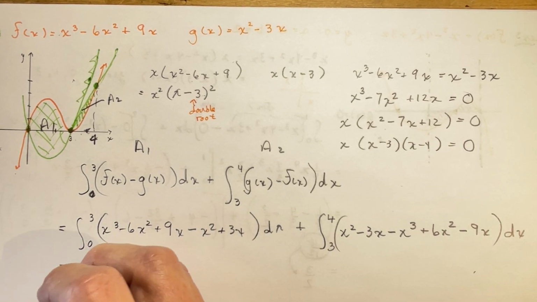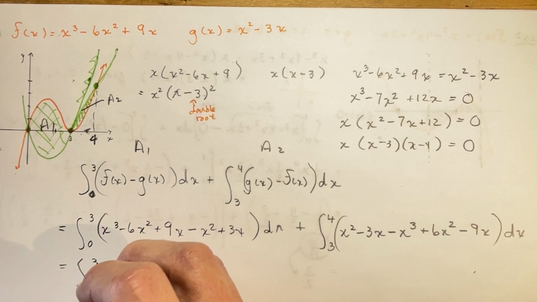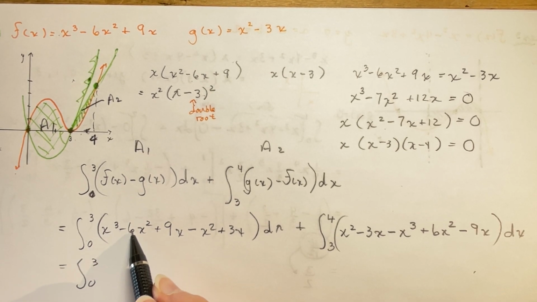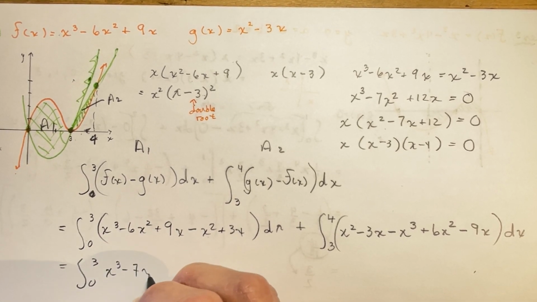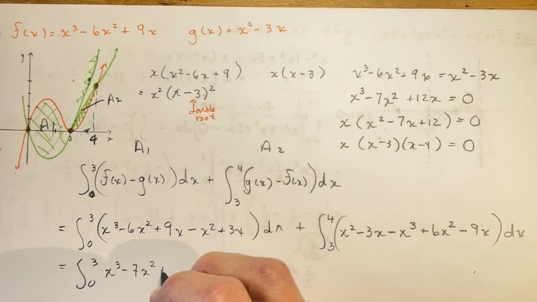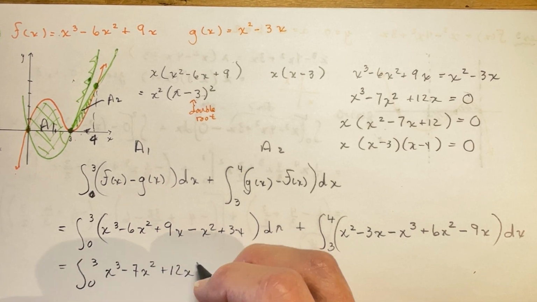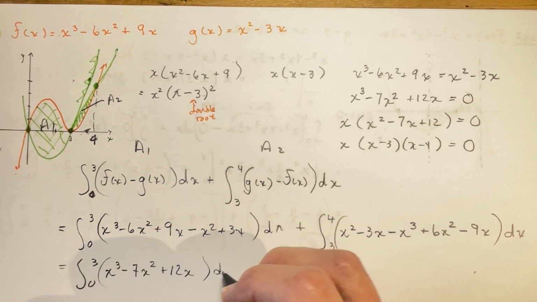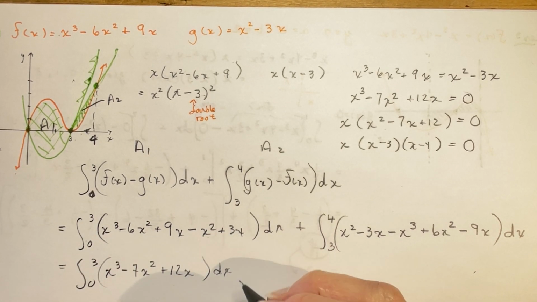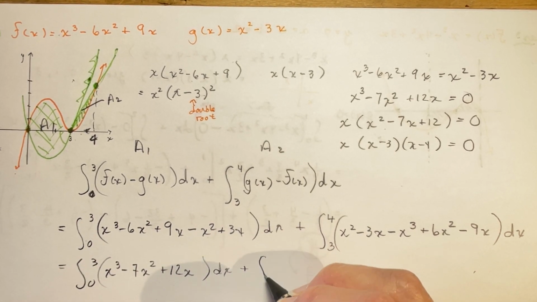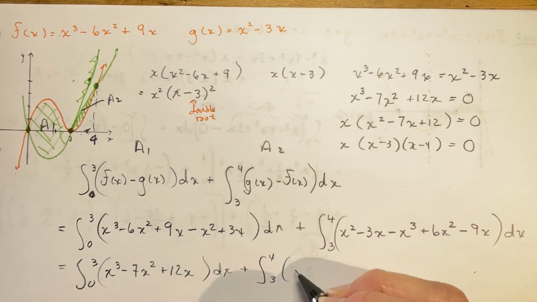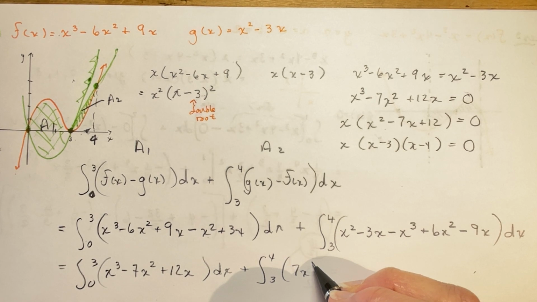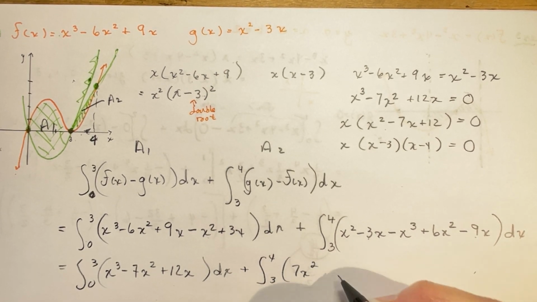dx. Now you want to simplify it, right? x cubed minus 6 minus 1 more, so I have x cubed minus 7x squared plus 12x dx. And this one is going to be between 3 and 4. I have 7x squared minus 3 minus 9.